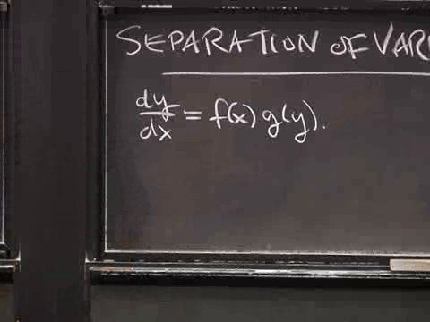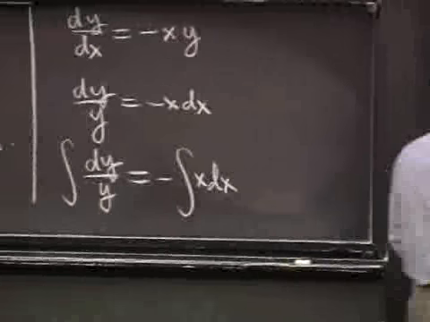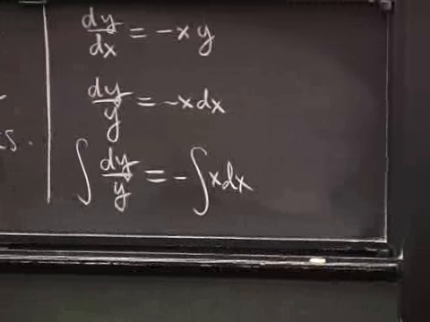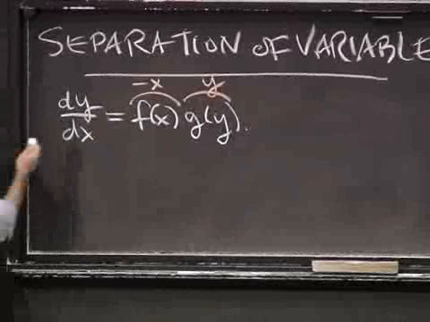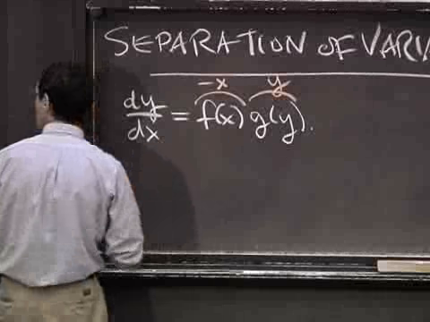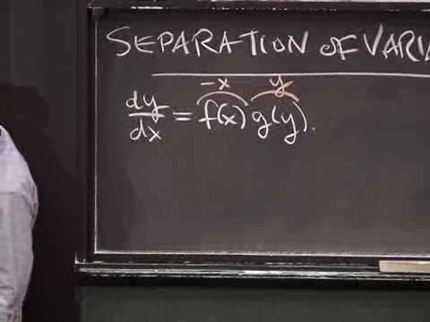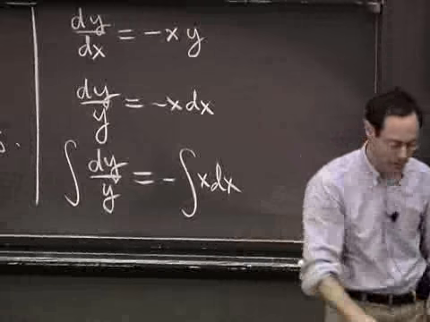Here's our equation. It's in that form, and the function f of x is minus x, and the function g of y is just y. And now the way the method works is this separation step from here to here. This is the key step. All right?